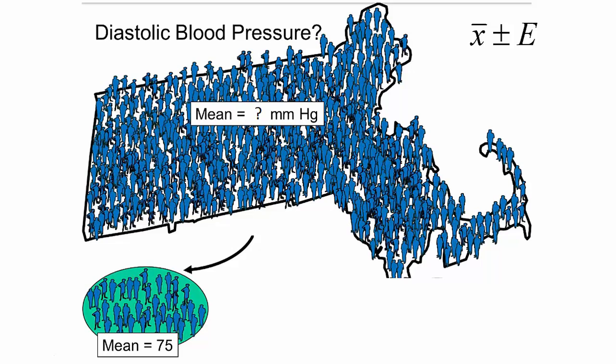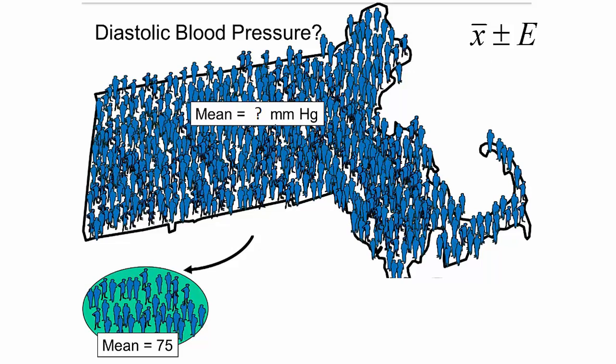And we're going to calculate this margin of error based on how confident we want to be that we have a range of values that includes the true population mean. Most of the time we'll use 95% as our confidence level, and so we'll calculate the margin of error based on that 95%. And we'll learn how to calculate that later.